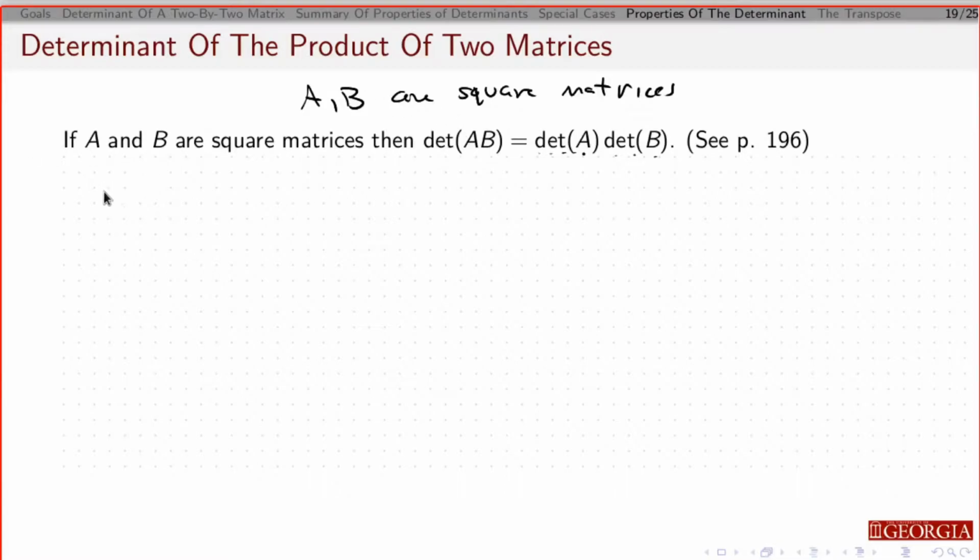I'm not going to prove this, but I'm going to try to give the general idea of why this is true. So if I have A times B, let me think of A in terms of the first row, the second row, on down to the nth row. And now I think of B in terms of the columns.